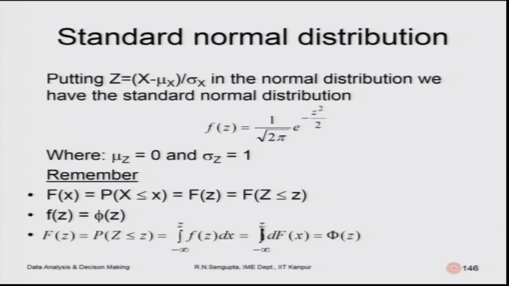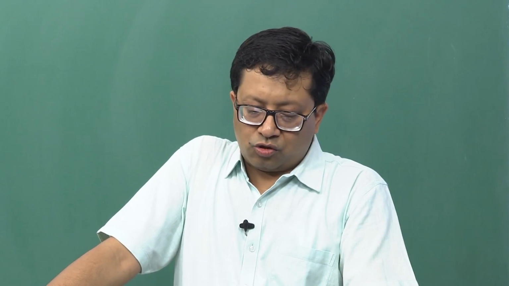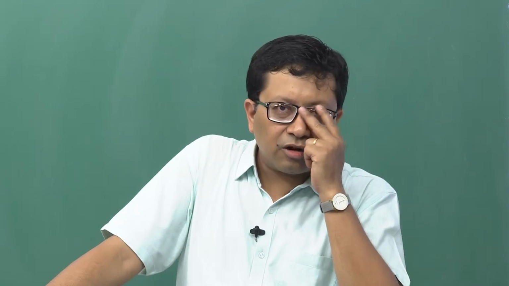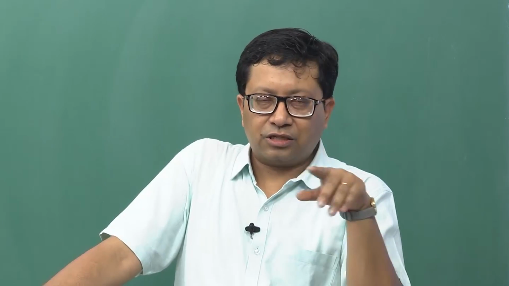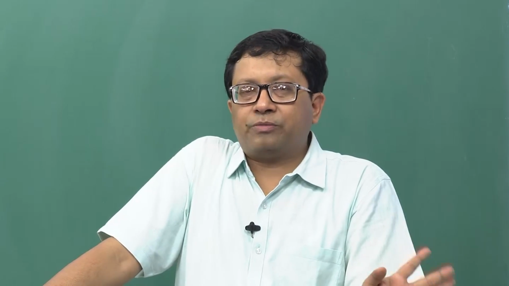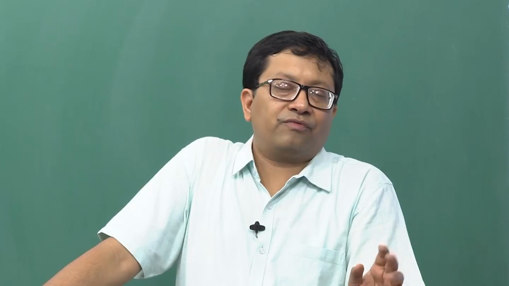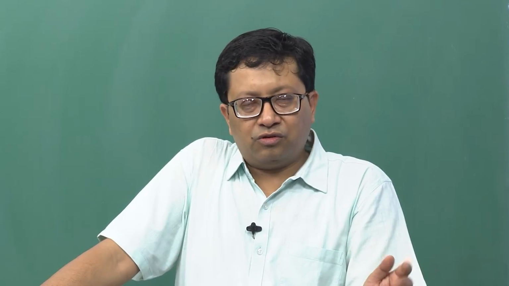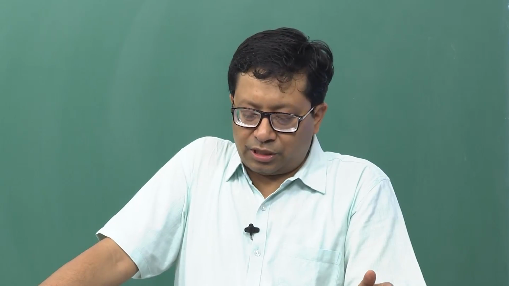The standard normal distribution would be utilized in all the problems. So, putting z, the standard normal deviate, equal to x minus mu by sigma, and using a very simple one dimensional Jacobian transformation. It can be done for the multivariate case, where you will use the multivariate Jacobian transformation.